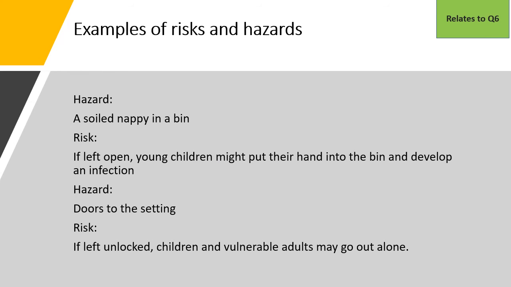This slide again relates to question number 6, and there are some examples of risks and hazards. The hazard is a soiled nappy in a bin, and the risk, if that bin is left open, is that young children might put their hand into the bin and develop an infection. Another example: the hazard is the door to the setting. The risk, if it's left unlocked, is that children and vulnerable adults may go out alone.